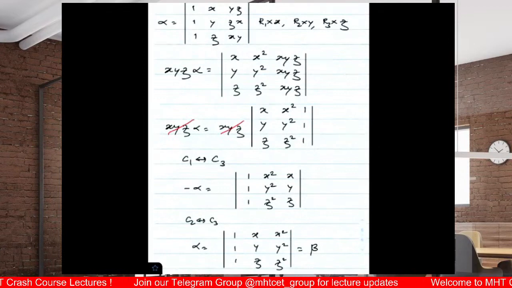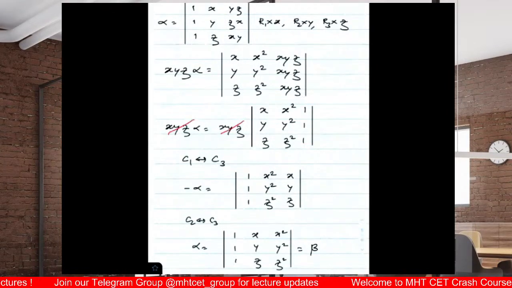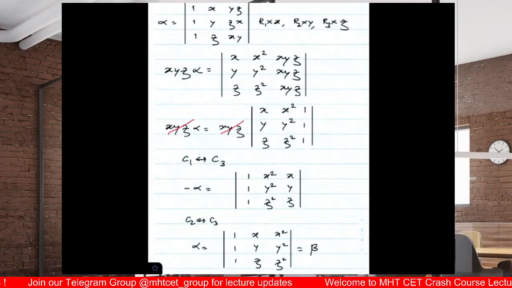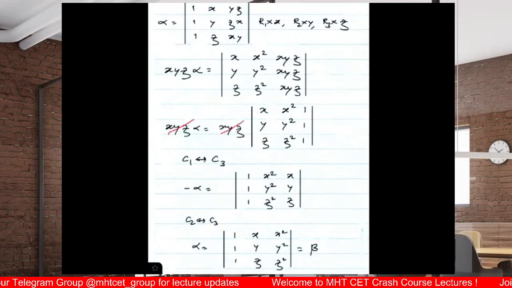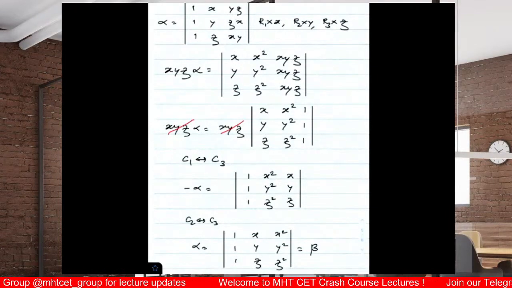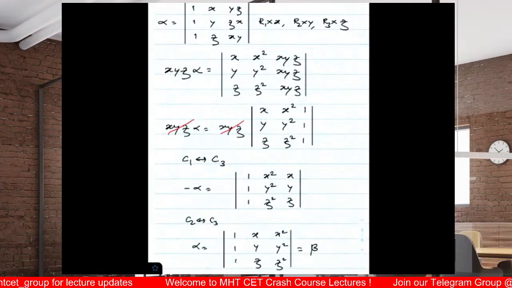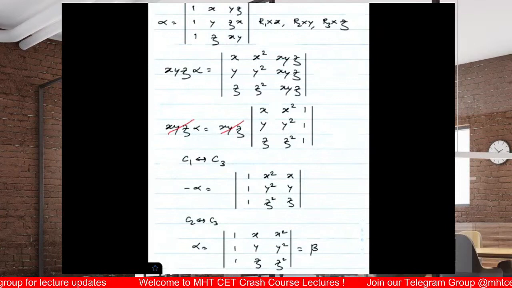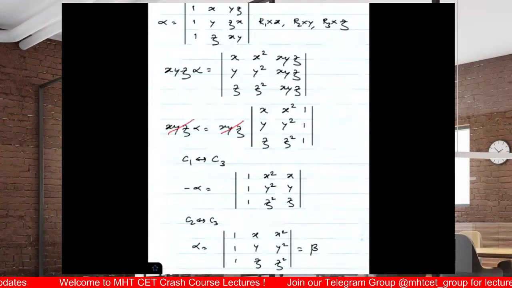Sign change, yes. Even if you interchange two rows or two columns, the sign of the determinant changes. जो भी प्रॉपर्टी हम लोग रो के लिए स्पेसिफाई करते हैं, you can also apply same property to columns. हो गया लिख के?